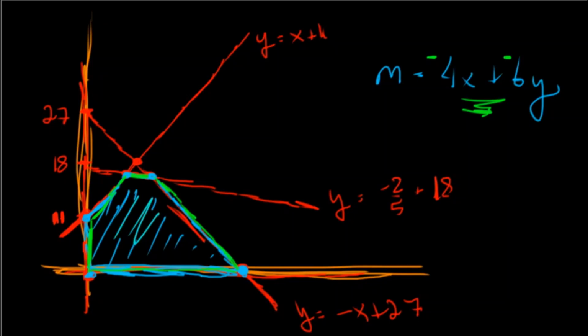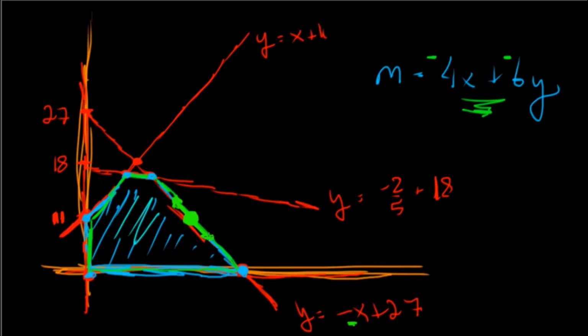The next thing I want to look at is, can this be the solution right here? Could that be the solution? I want you to pause and think about why this could or could not be the solution to this problem, maximizing m. But with that said, the answer is no, this cannot be the solution to the maximization problem, because I can move up or down this line, and with this line, what I care about is the slope.